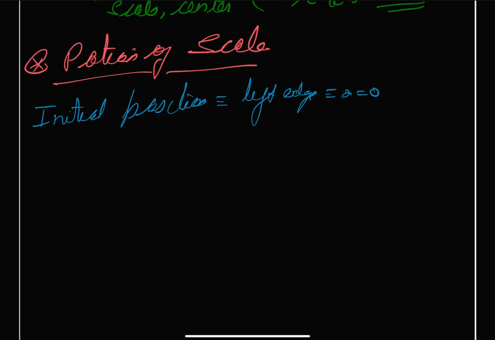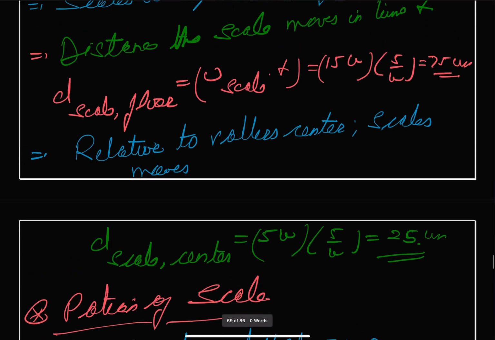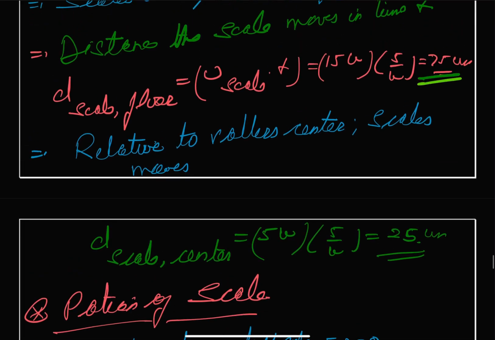Now coming to after motion, that is the final position. We know that the scale moves by a distance of 75 centimeter.